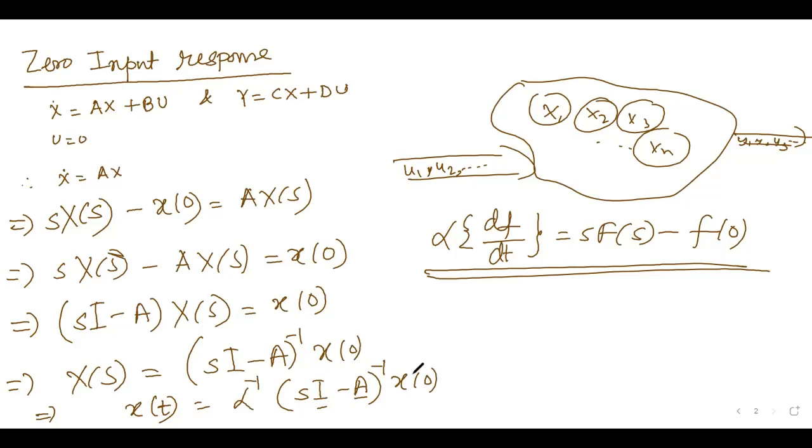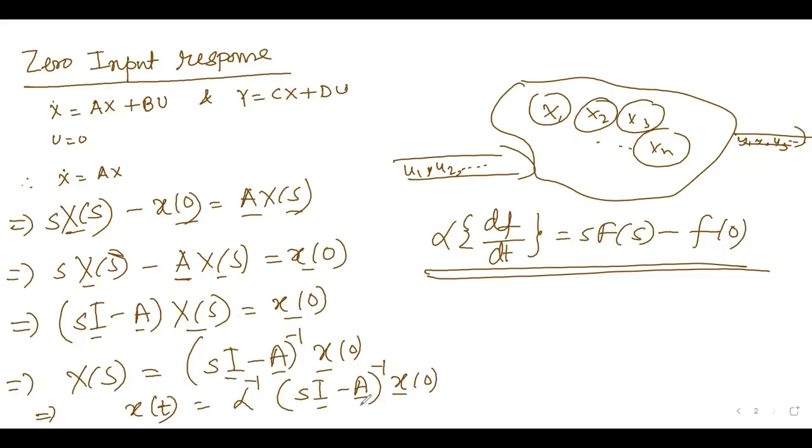All are matrices, remember. The initial condition x0 is a constant. So what will be the Laplace inverse of (sI minus A) inverse?